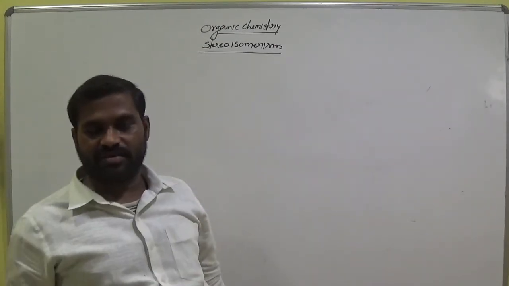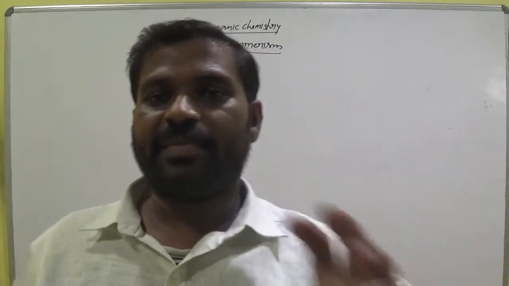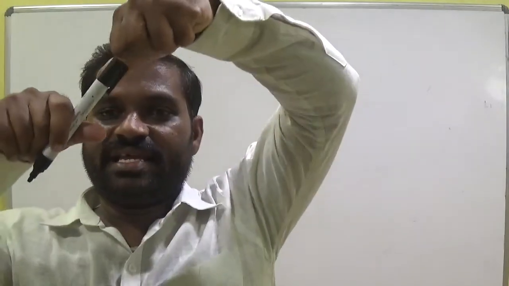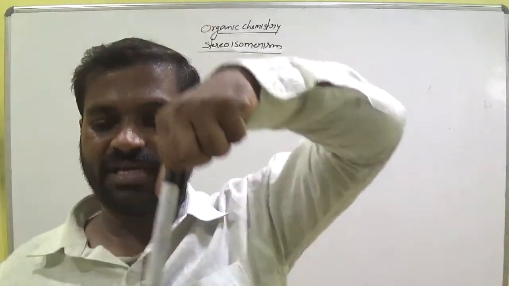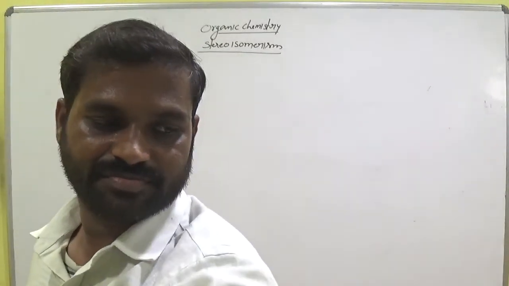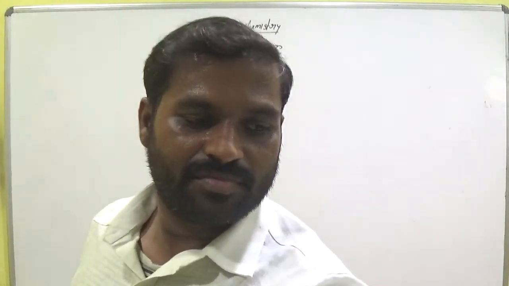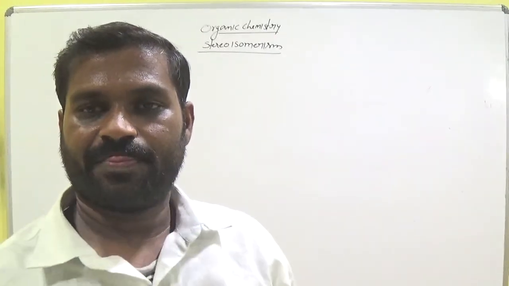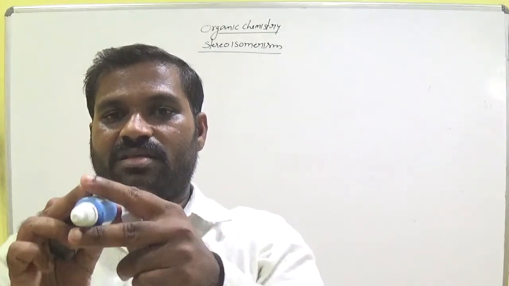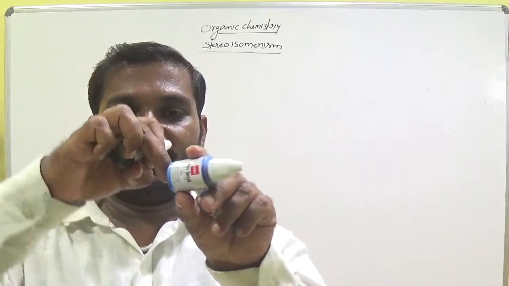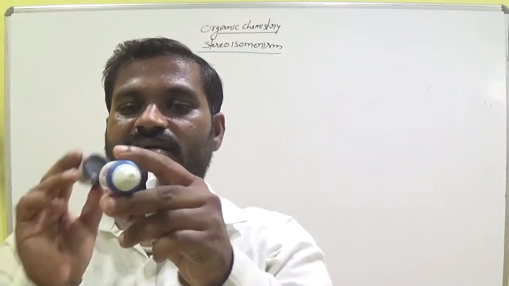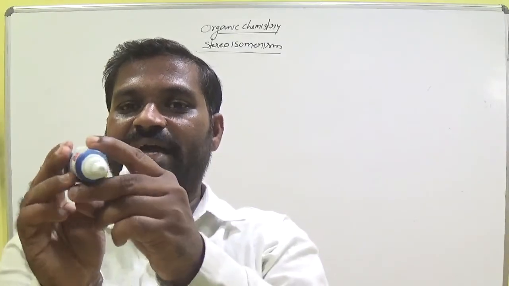Simple. In stereochemistry we analyze the three-dimensional arrangement of atoms around the central atom. Suppose in the center there is a carbon. This hydrogen is towards you, this hydrogen is exactly the backside of this hydrogen.